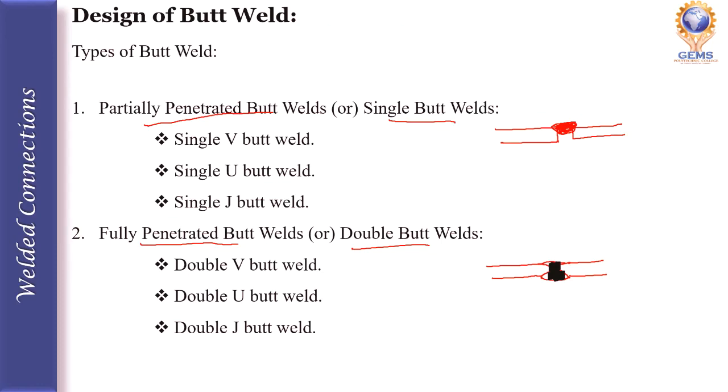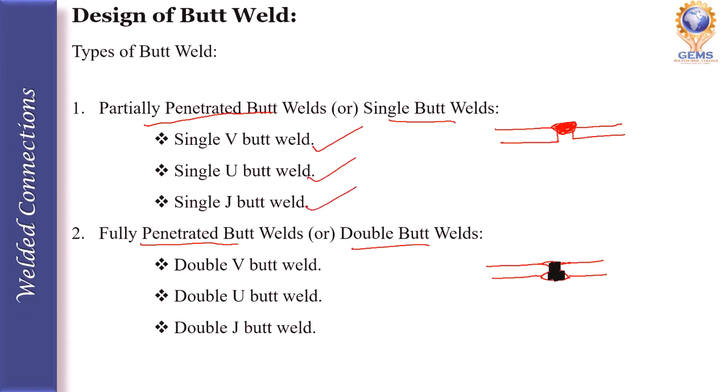So this is the partial and fully penetrated butt welds. In the partial we have single V butt weld, single U butt weld and single J butt weld.